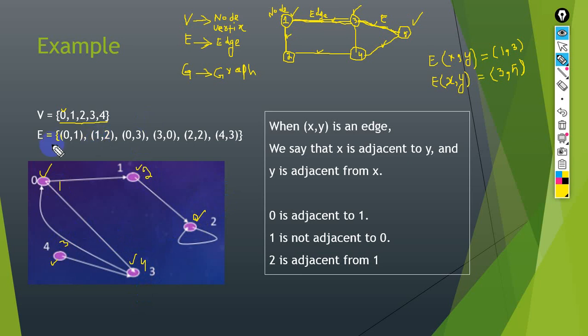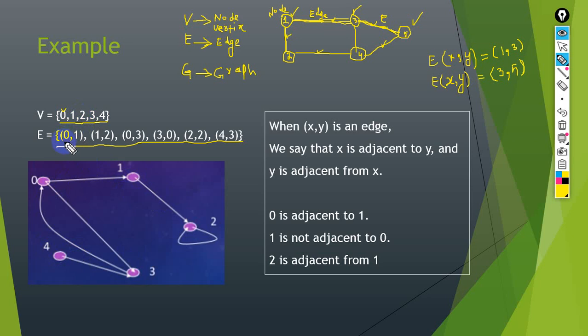For example, if I take this graph, how will we represent this graph in pairs? In pairs we will represent it just like this. E is equal to the edges, and V is the vertices 0 1 2 3 4. So these are the vertices, and now what are the edges?